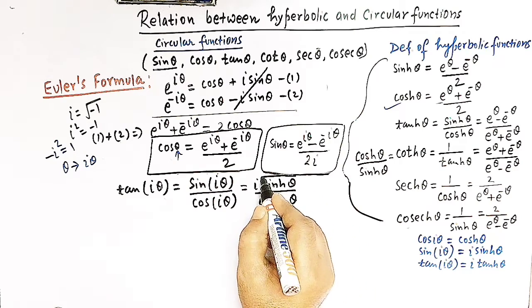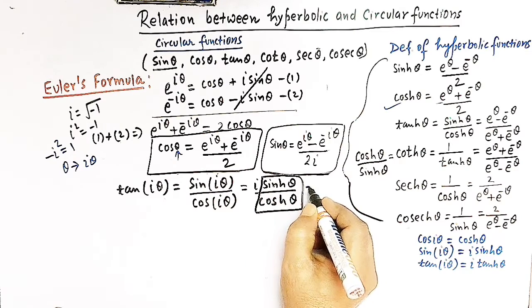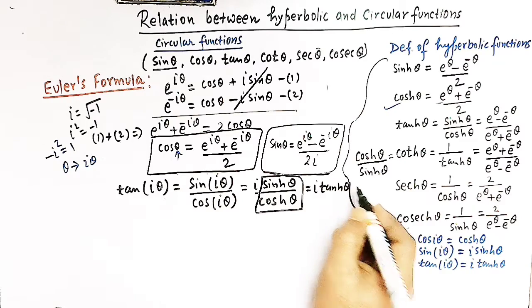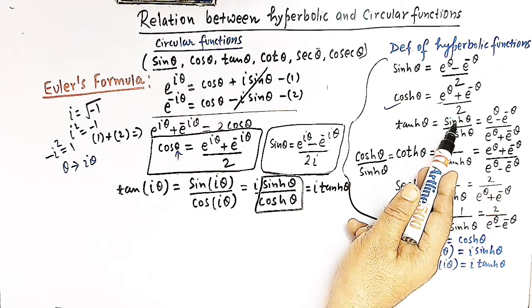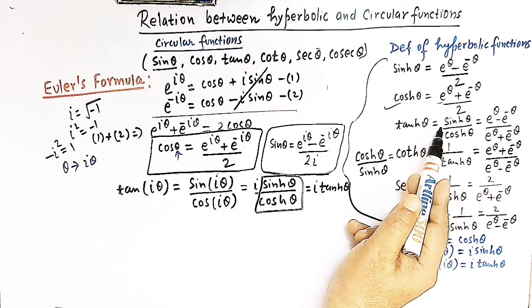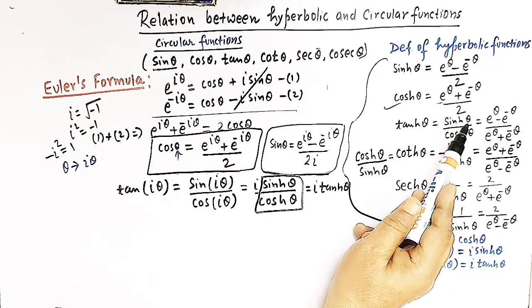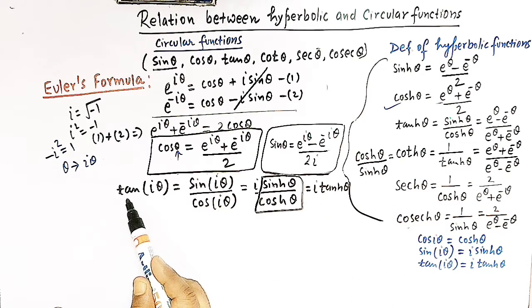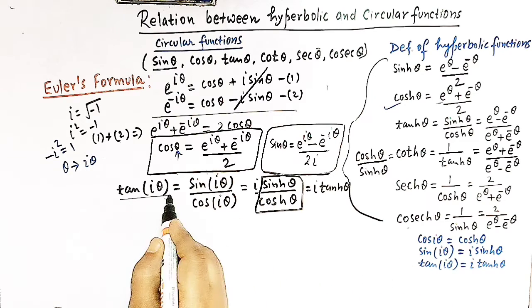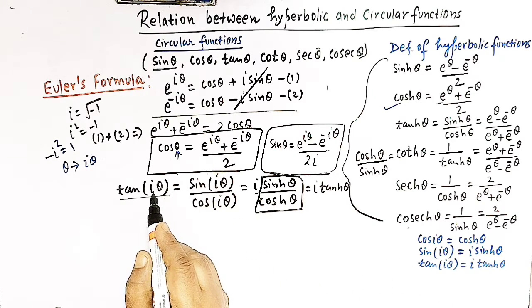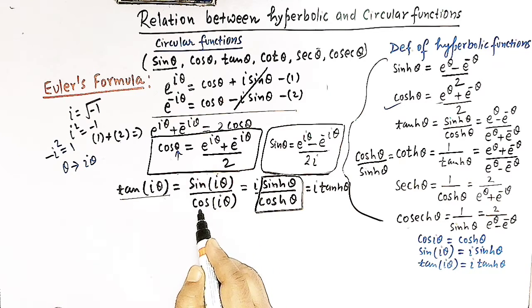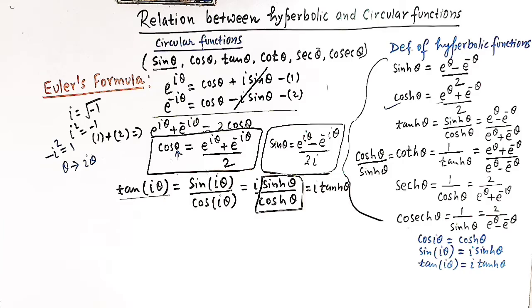So now this expression is equal to hyperbolic tangent of theta due to this definition, that is hyperbolic tangent of theta is equal to hyperbolic sine of theta divided by hyperbolic cosine of theta. So we get the same relation here by using this definition of tangent of iθ, which is equal to sine iθ divided by cosine iθ.